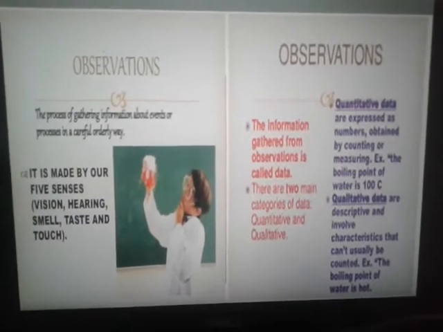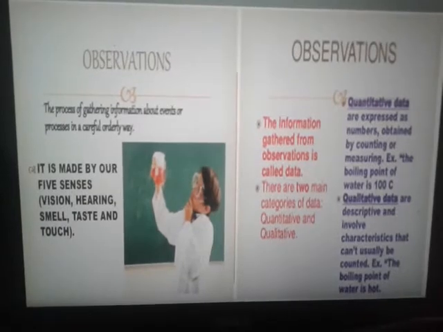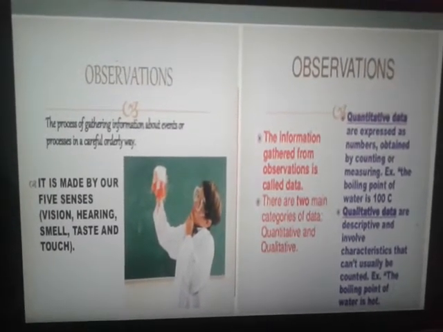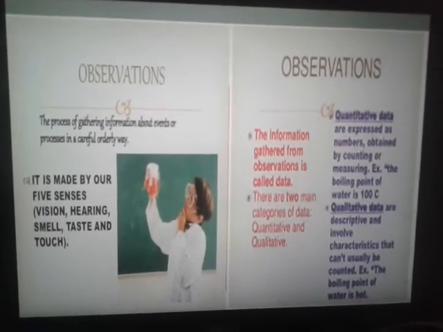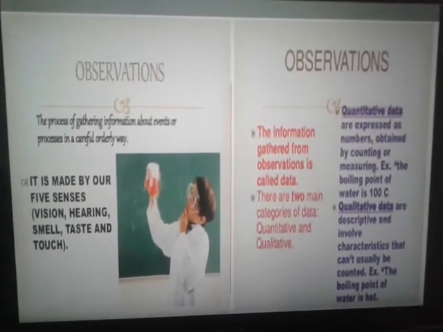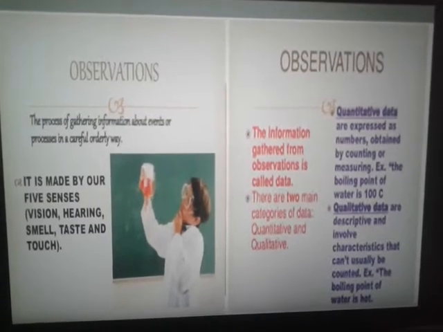Observations: the process of gathering information about events or processes in a careful way. It is made by our five senses: vision, hearing, smell, taste, and touch. The information gathered from observations is called data.